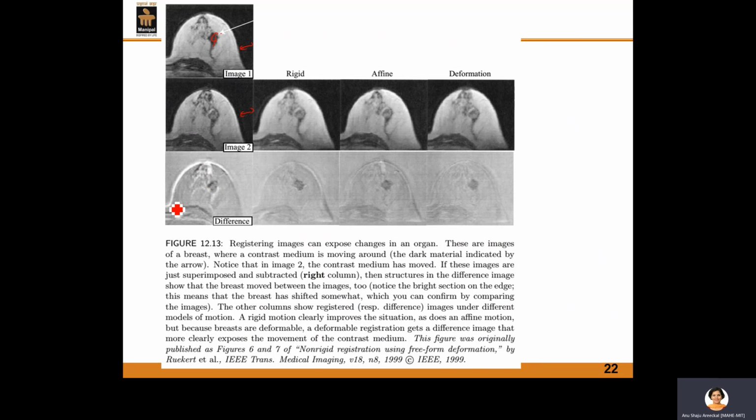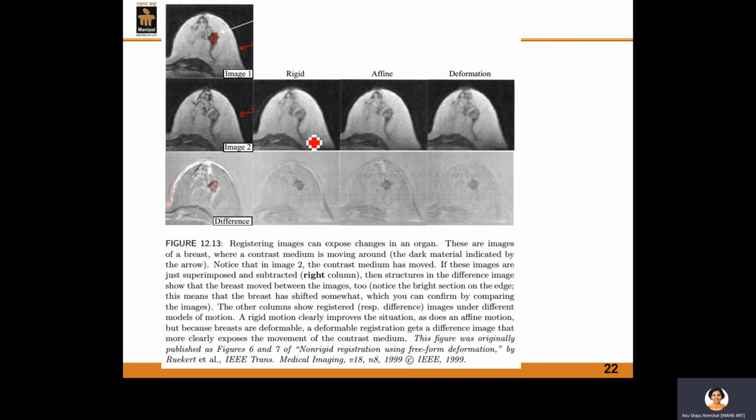These two images are not aligned together, so you see this information, which is of no interest to us, because what we are looking for is this particular change in the contrast agent. So in order to avoid that, it is important that we do the image registration.